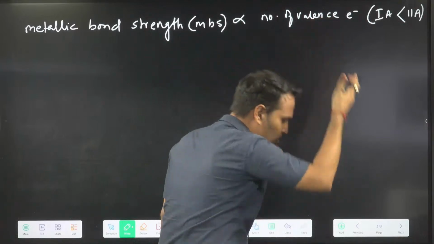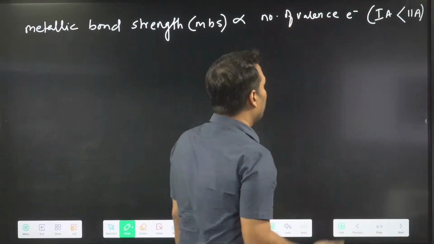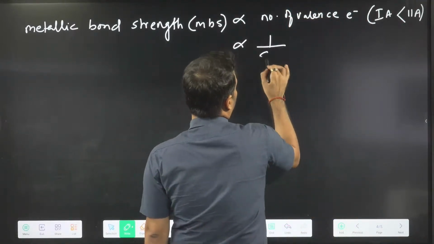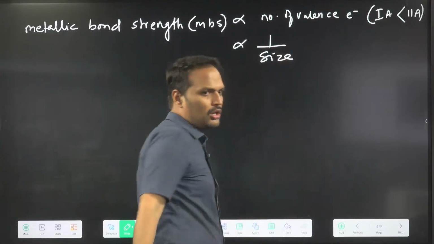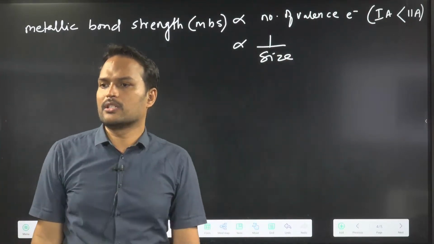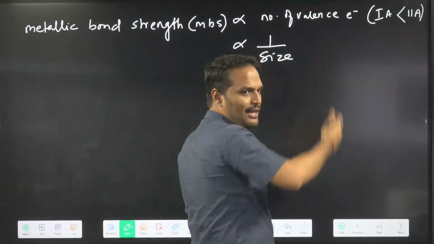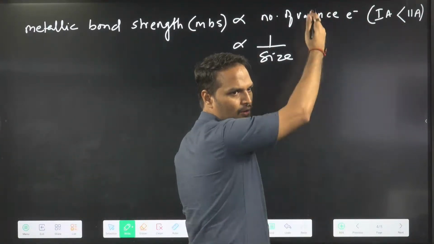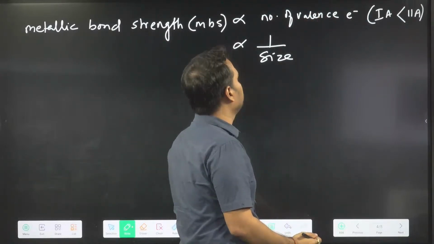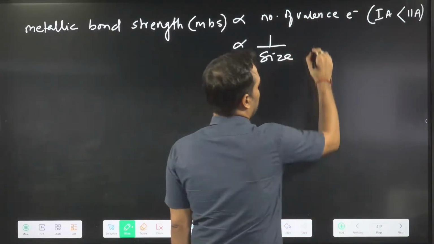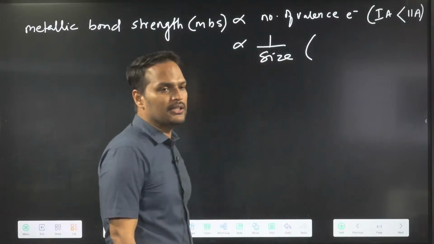What will happen when you are talking within a group? Here the valence electrons are the same. Then you will say, arey, no problem. Talk about the size. Inversely proportional to size. So down the group, what is happening? Valence electron is same, ns1. Now what will happen? Size increases. That means metallic bond strength decreases.